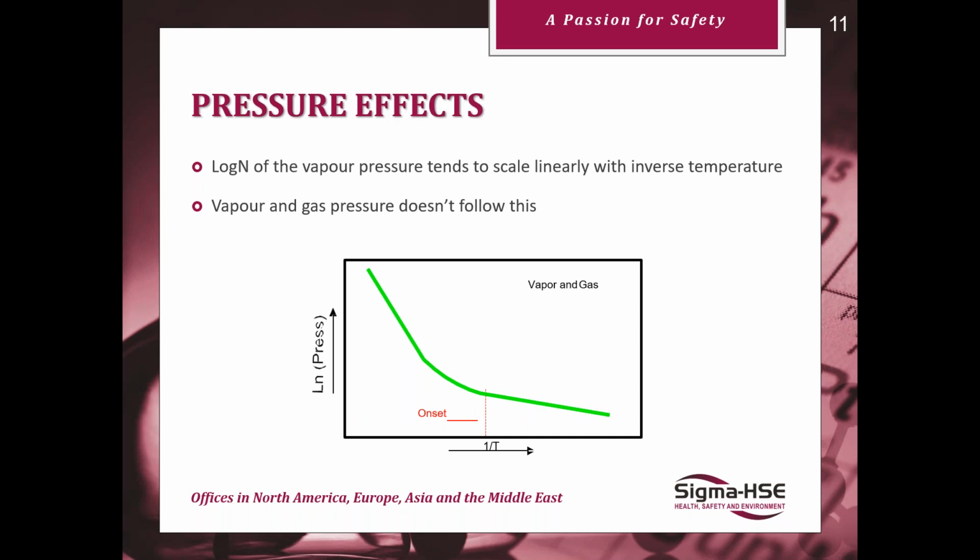So we can see on the graph here, the bottom straight bit of the green line going from right to left is temperature increasing, and it's relatively straight. This is just a typical plot. But when you combine vapor and gas pressure, so we've got this onset line here, which is indicating the generation of permanent gases, it will spike upwards away from that linear line. And that's where we get problems.